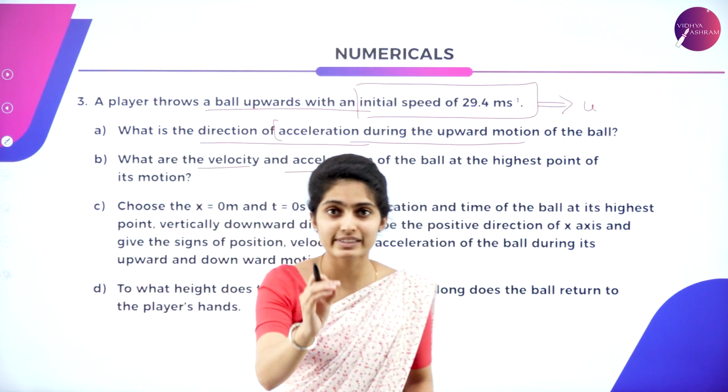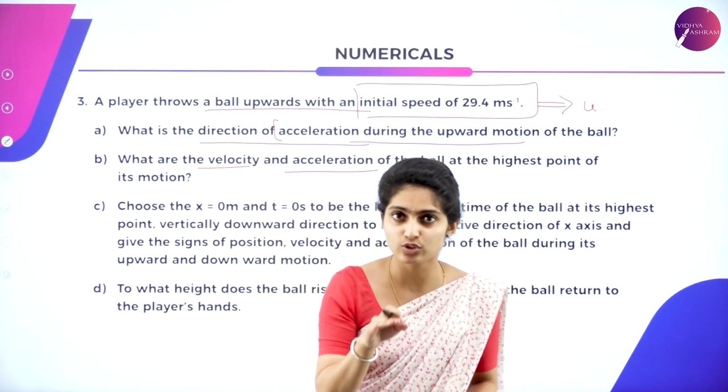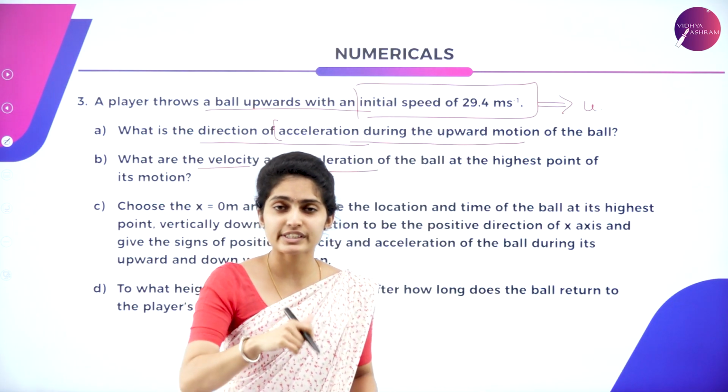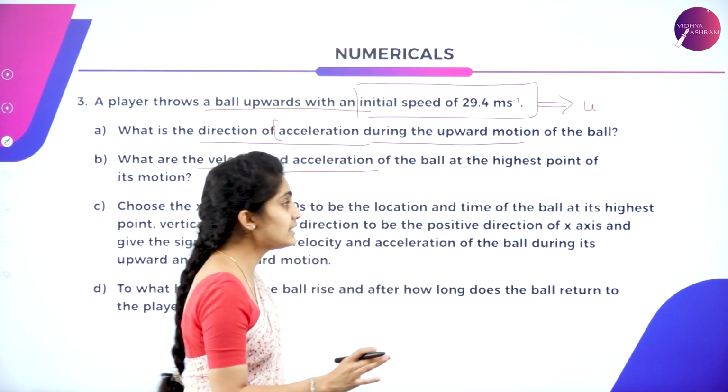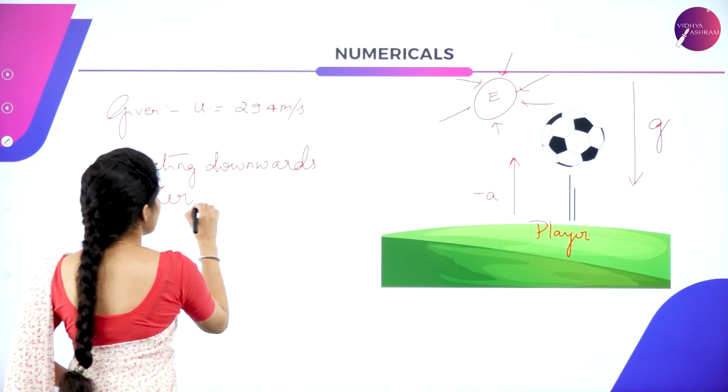I told you it pauses. So when there is a pause, the ball or object is at the state of rest. So when it is at rest, its velocity is 0 as well as its acceleration is 0 at the highest point.